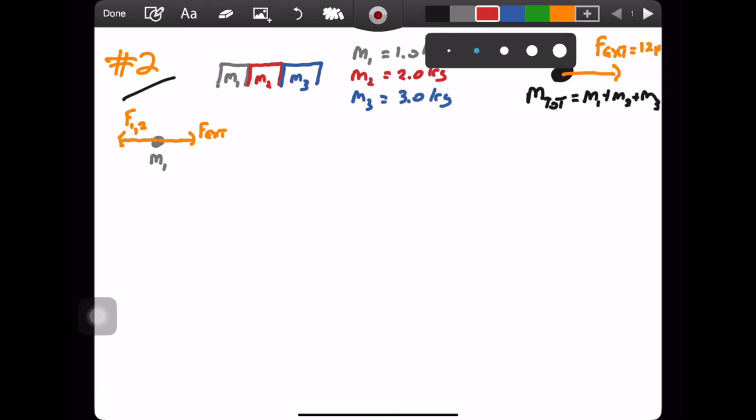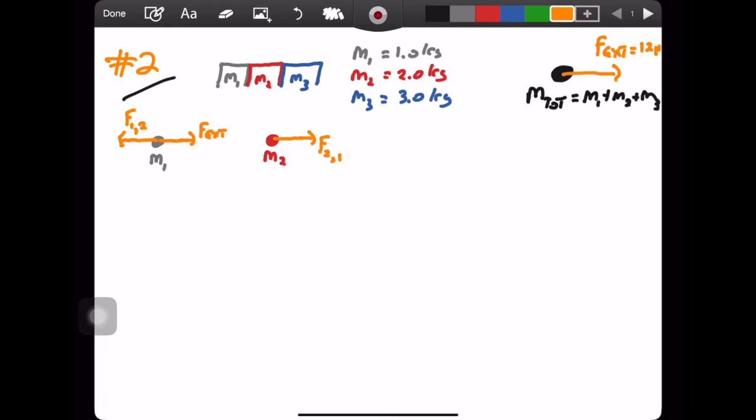We can do the same thing for mass 2. And remember, all of these blocks are touching each other. So mass 2 pushed back on mass 1. That's what our F12 is. But we also have the force from mass 1 pushing on mass 2. That's what made mass 2 push back on mass 1. So we can think of, to the right, when it comes to mass 2, the force on 2 from 1.